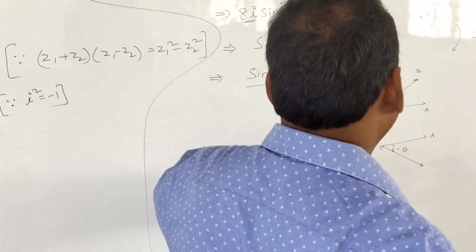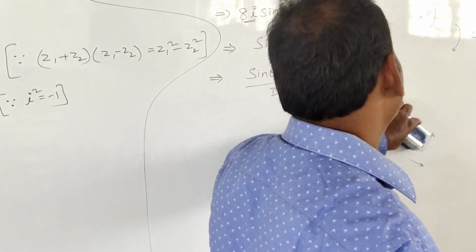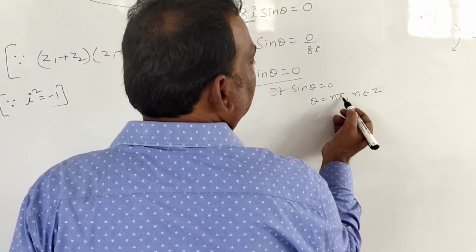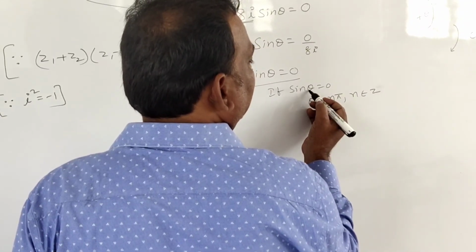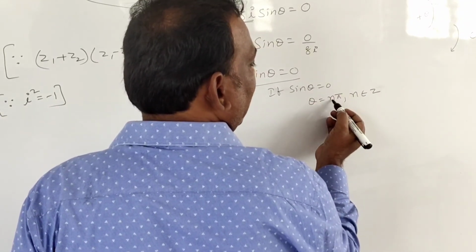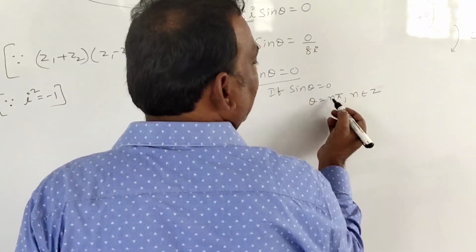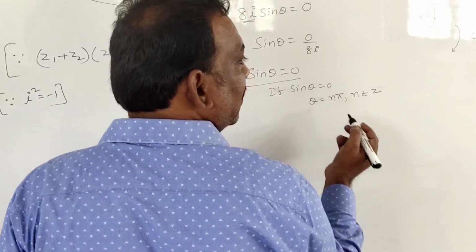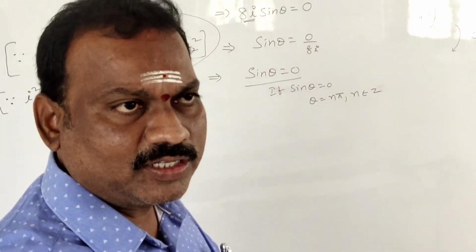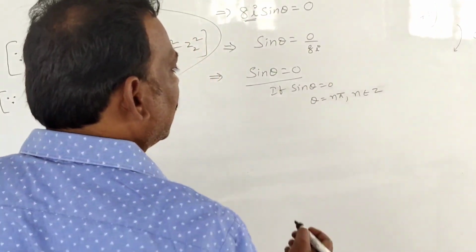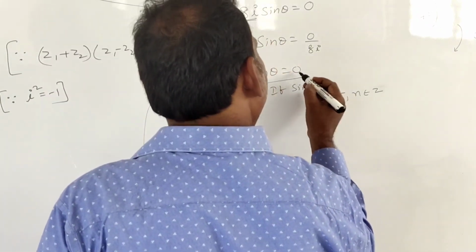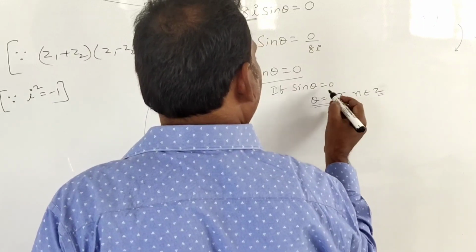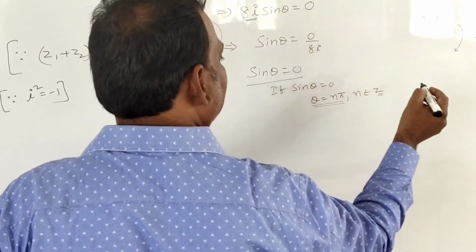Z means integers. You can put any integer here and it will satisfy this equation. Suppose you put 0, 0 into pi is 0, sin 0 is 0. If you take plus 1, sin pi is 0. If you take minus 1, sin of minus 180 is also 0. So this solution will satisfy any integer value of n.